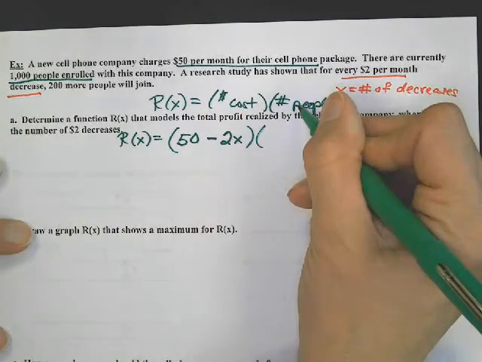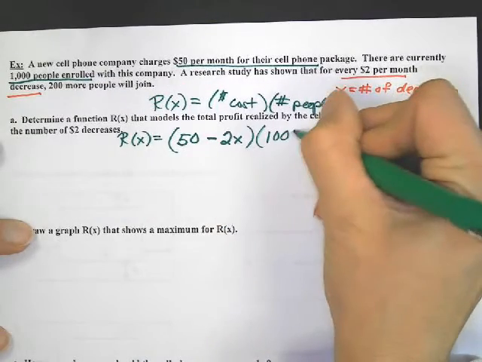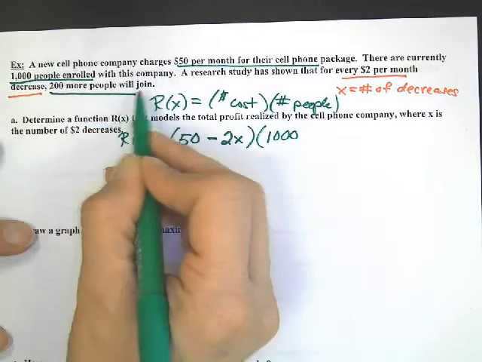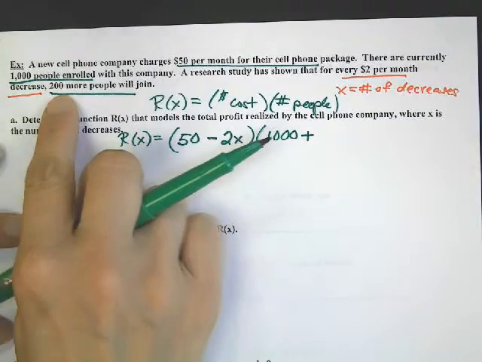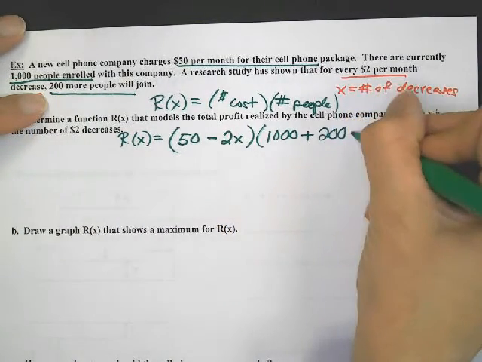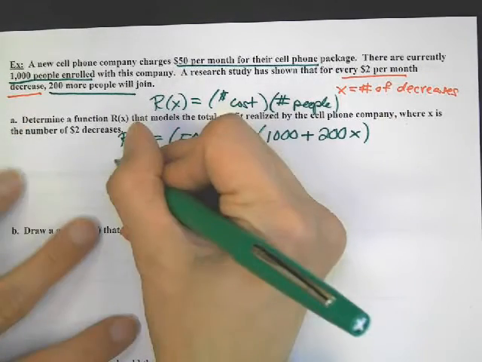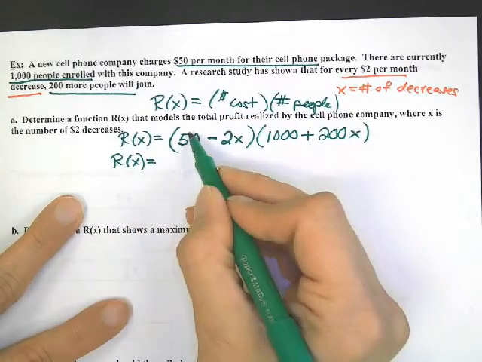The number of people is 1,000. 1,000 people are at that company, but we're going to get more people. So that number is going to go up. Is 200 more people going to join? Well, 200 for every X, every decrease. We do have to multiply this out so we can do our H and K calculations.